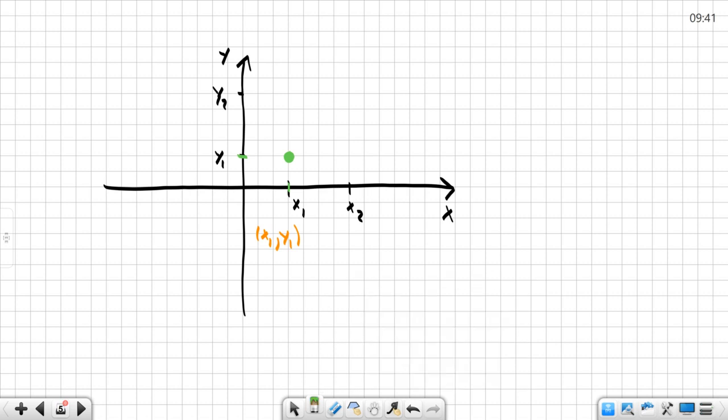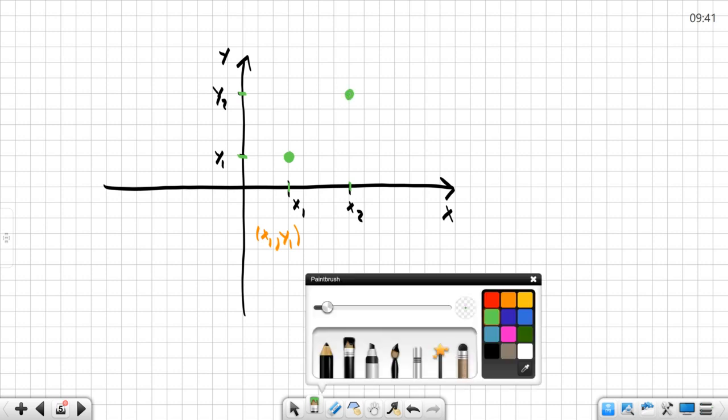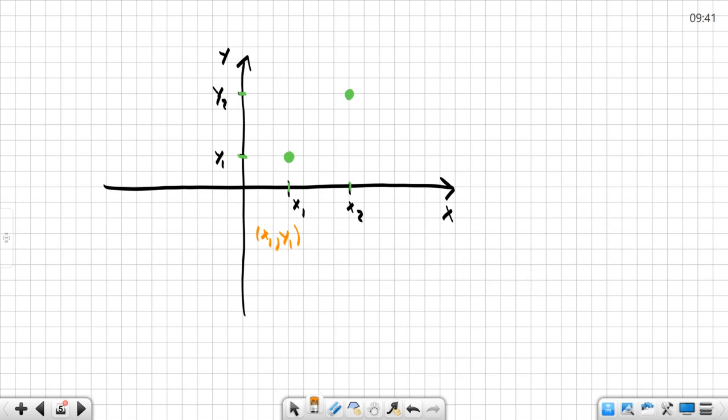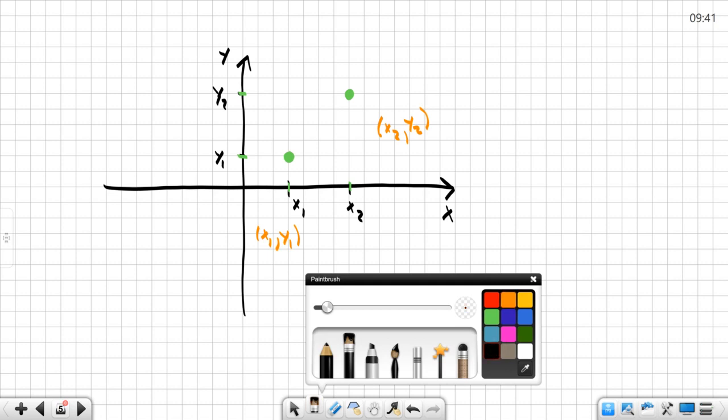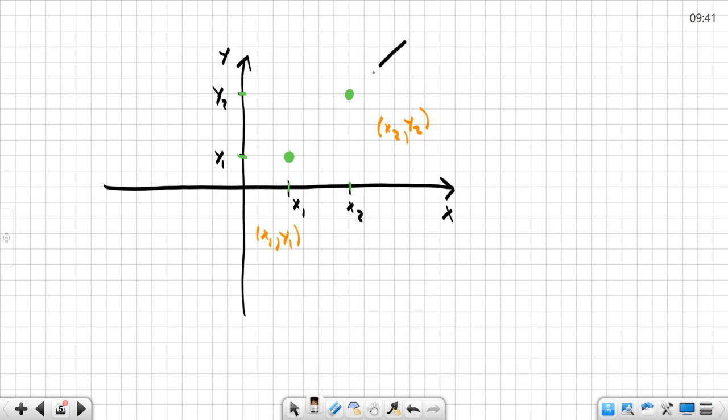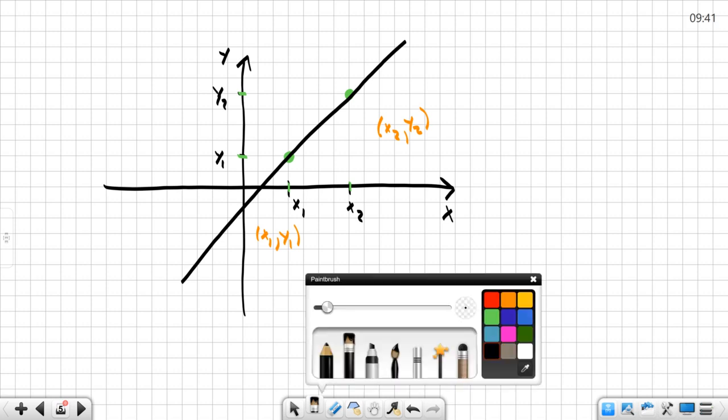And I am looking at a second point whose x-coordinate is here and whose y-coordinate is there, so that will be approximately here. And the coordinate now of this point will be x2, y2. So if I'm now drawing a straight line that goes through these 2 points, then my line would roughly look like this.